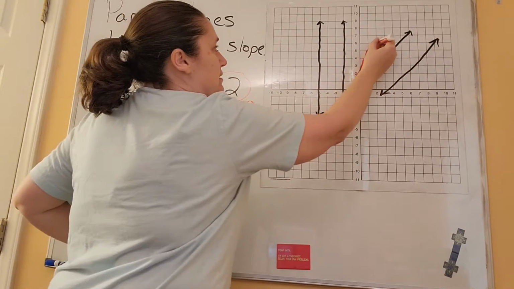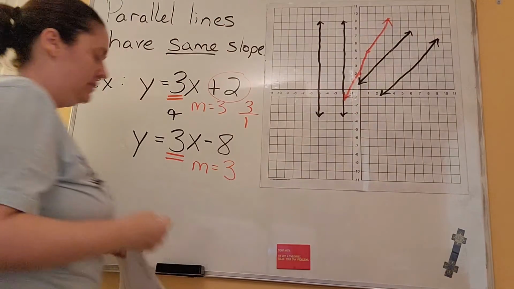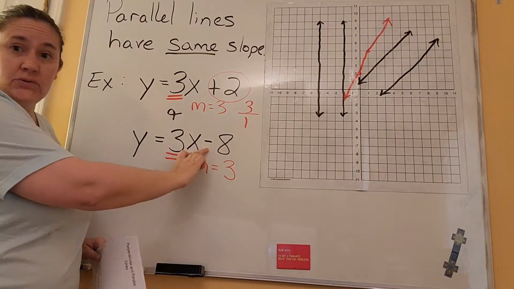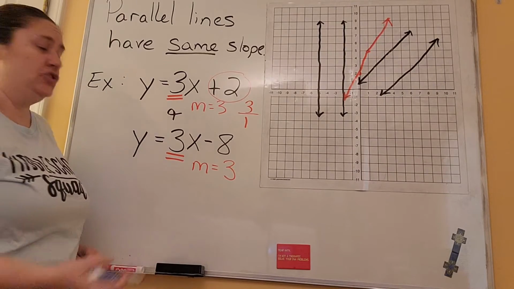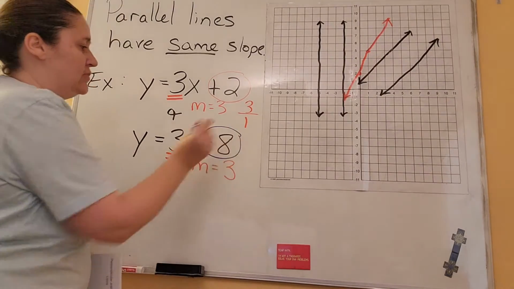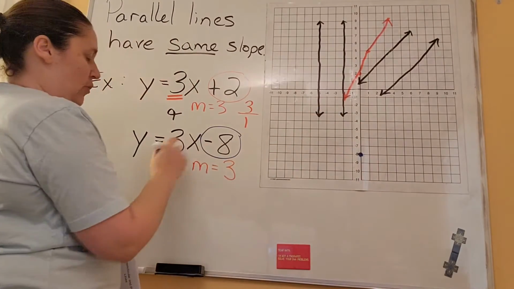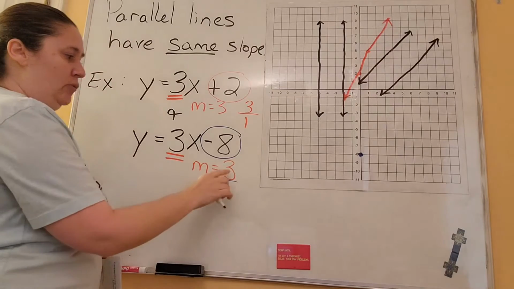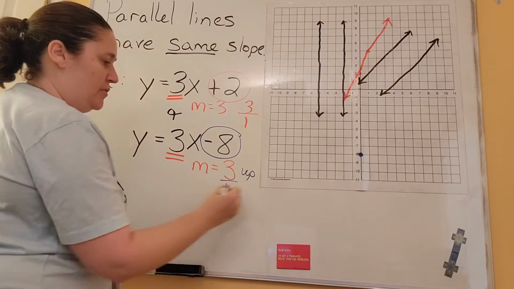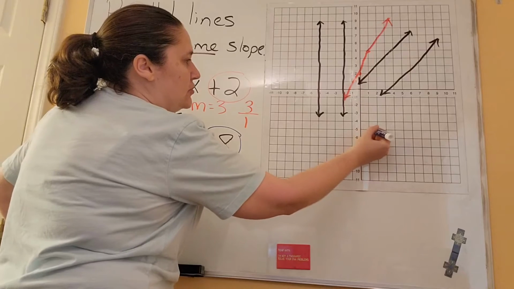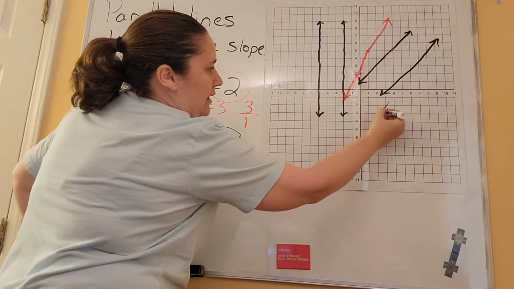So this is my first line. y equals 3x minus 8. If I were to graph that, the y-intercept is negative 8. The slope is 3, which is 3 over 1, which means I go up 3 and to the right 1. 1, 2, 3, to the right 1. Draw a line.